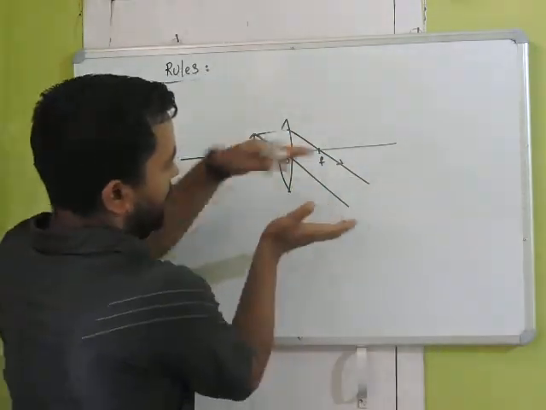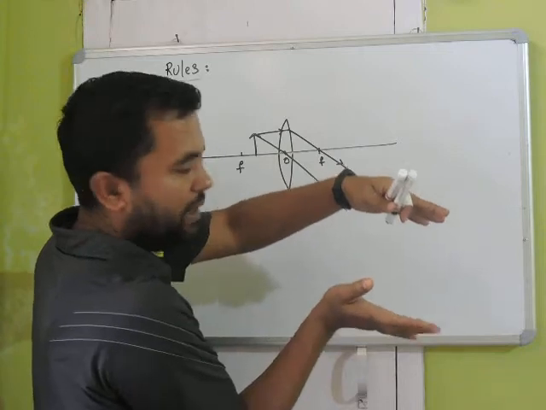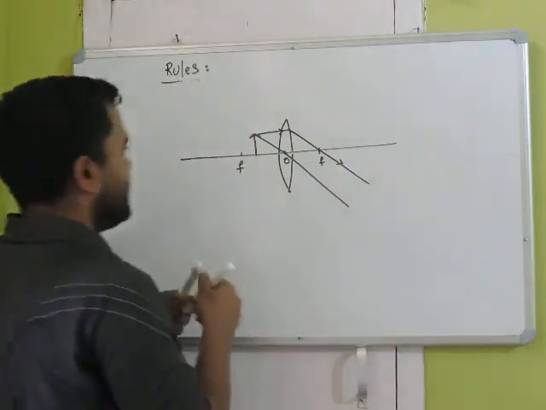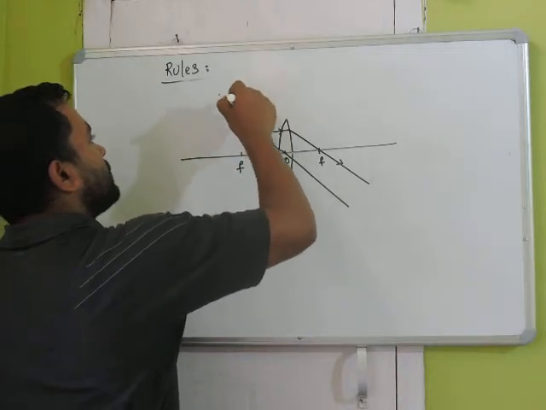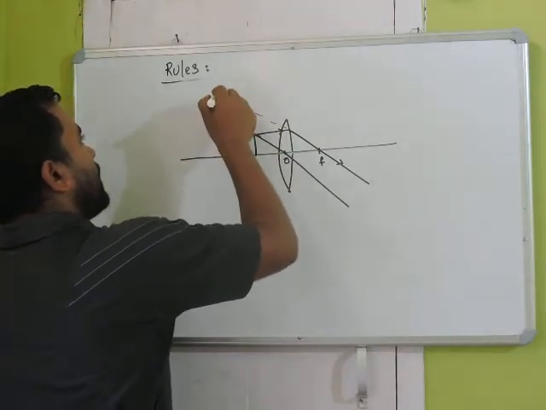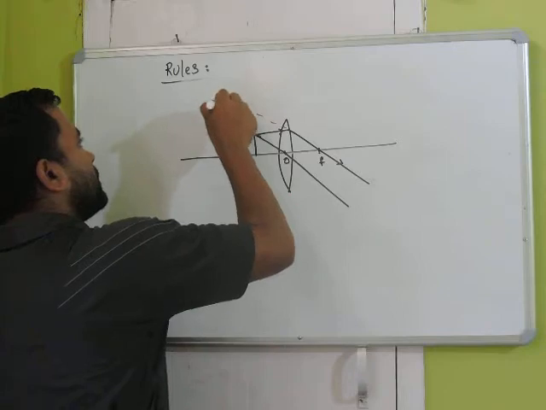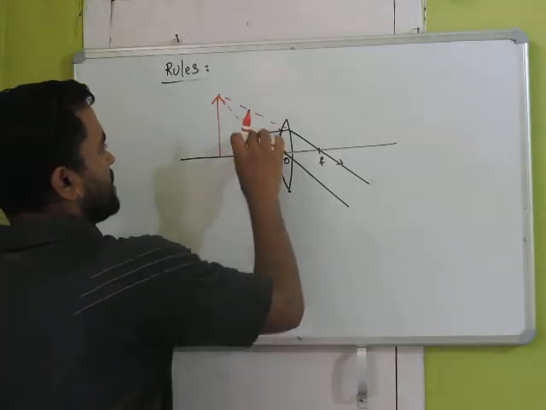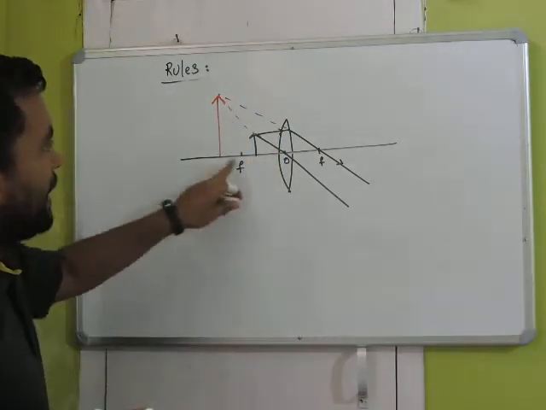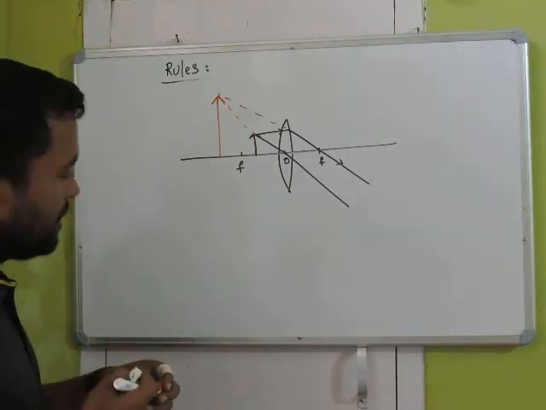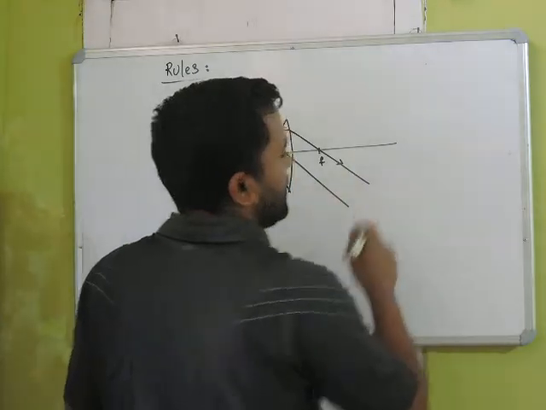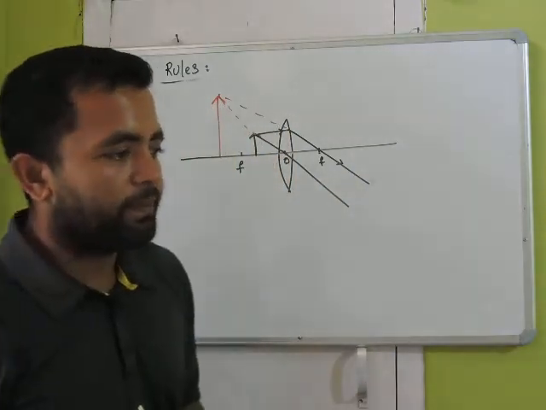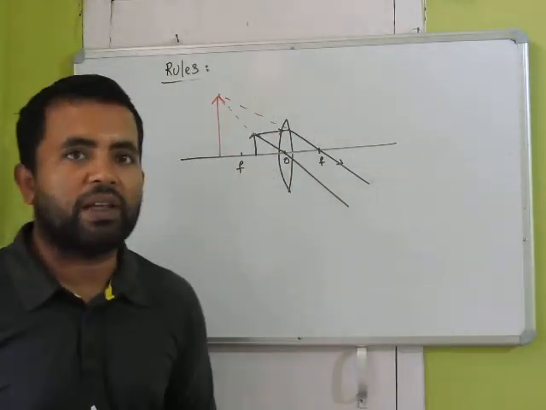Okay, they are not parallel, they are a bit tilted like this. So if you extend these two rays, they are somehow meeting here. So in this case you can see it is magnified, highly magnified, and this is the case when you use convex lens as a magnifying glass.